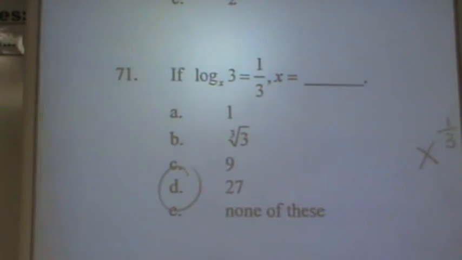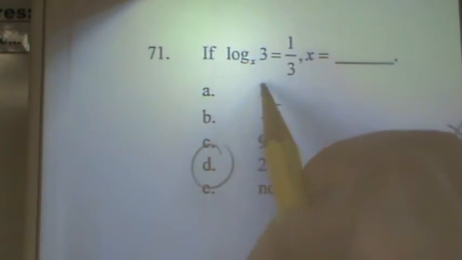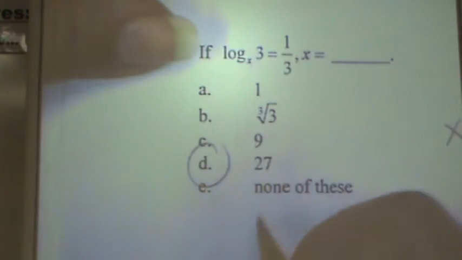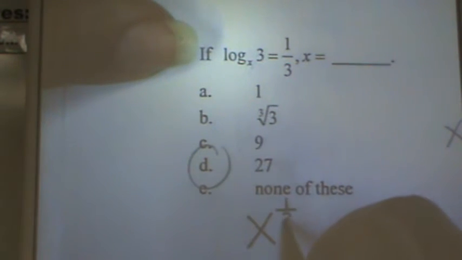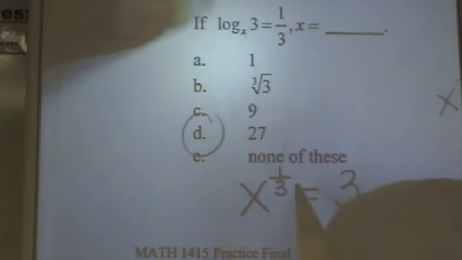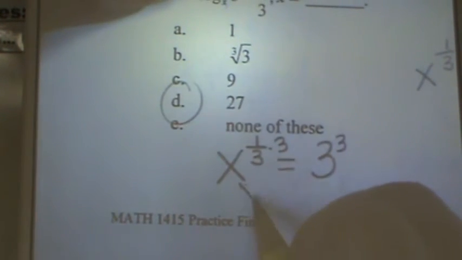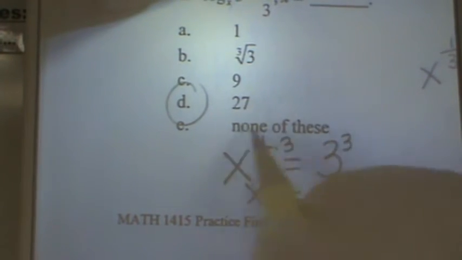71. To solve this one, you're going to want to write it in exponential form. So x to the 1/3 power is equal to 3. So you would have to cube both sides to get x by itself. So x would equal 27.